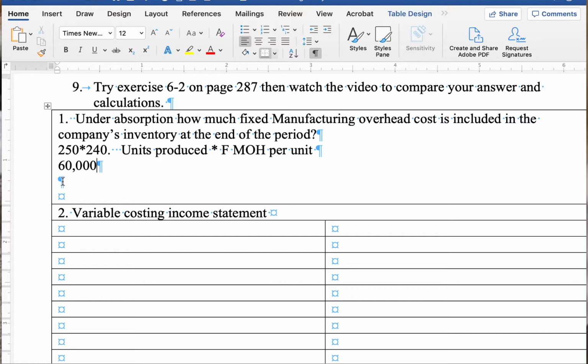Well, that's easy, okay? To figure that out, I'm going to say, okay, well, 250 were produced, 225 were sold, and all I did here was say number produced minus the number sold.